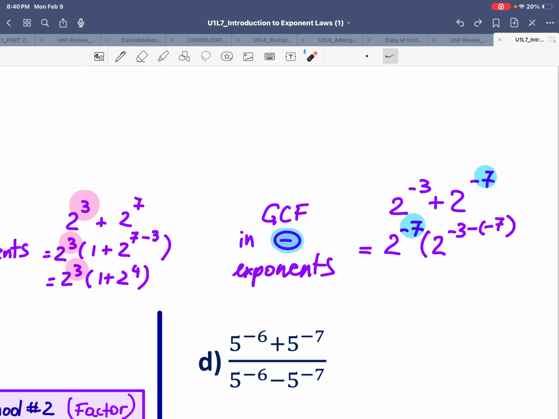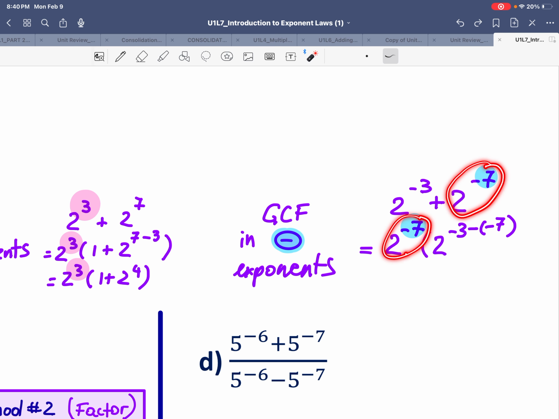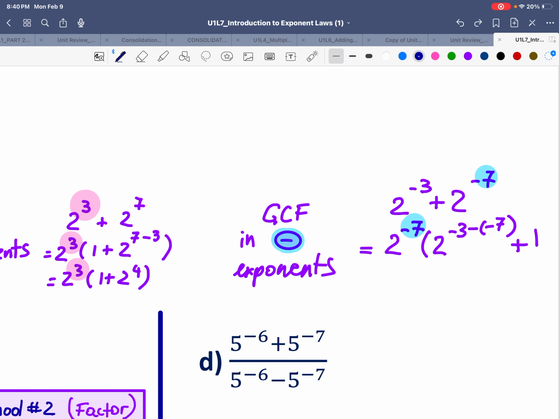So the 2 to the power negative 7 is all out because it's the greatest common factor. What that means is that inside the brackets, we are left with the number 1. Remember that this number has to stay here because it is the placeholder for the 2 to the negative 7.